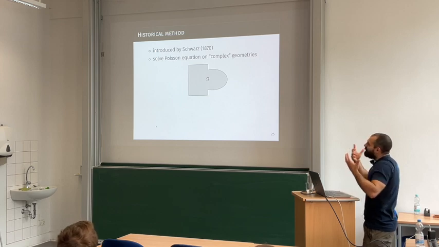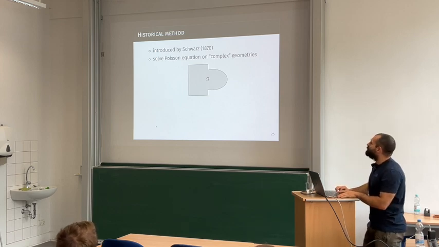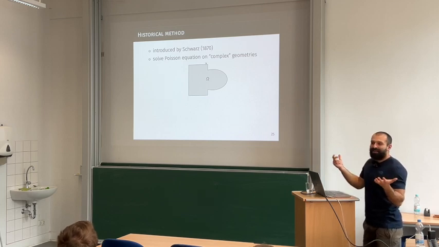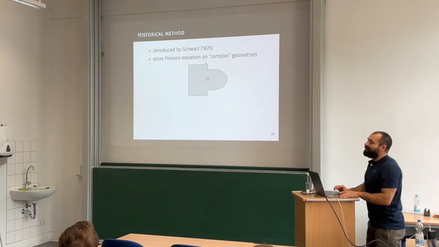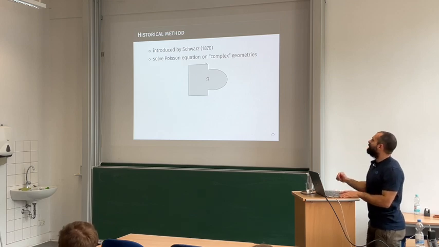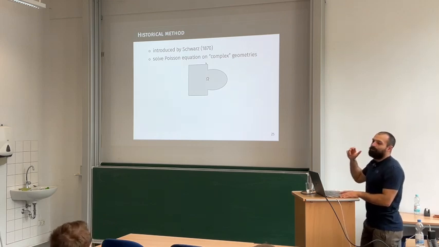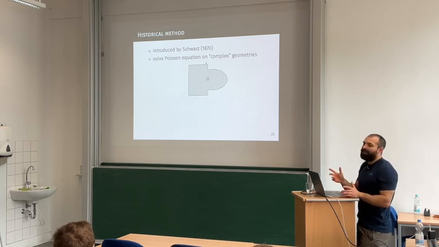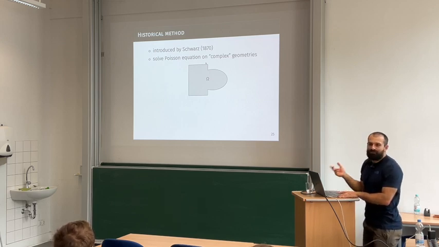He initially designed his algorithm to solve the Poisson equation on what at that time was called complex geometries. It was complex in the sense that, back in the days, two centuries ago, people were able to solve the Poisson equation only on squares, rectangles and ellipses, using Fourier transforms.